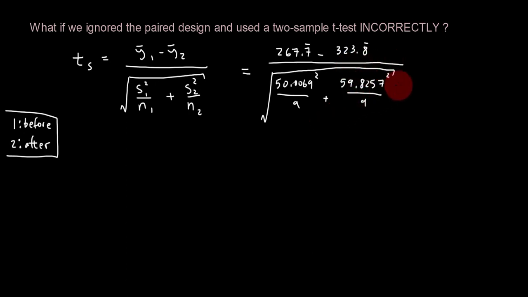In the interest of time, I'm just going to write out that this is about a negative 2.158. And our next step would be to determine the p-value for this. Remember, this was a left-tailed alternative hypothesis, so I would want the area to the left of this test statistic.